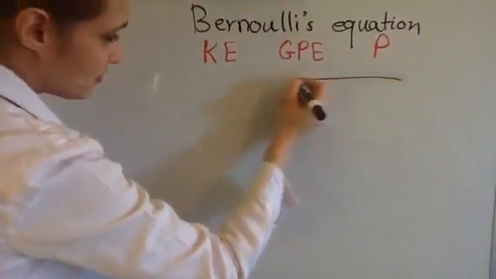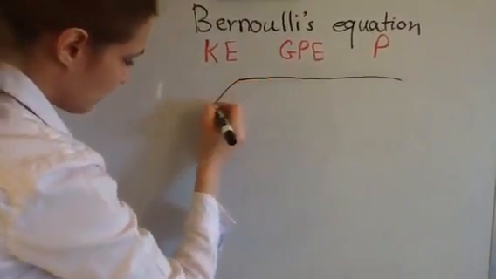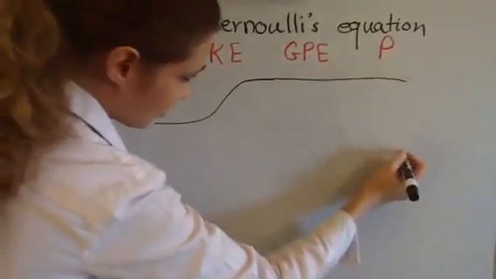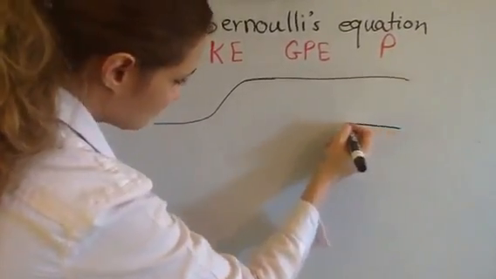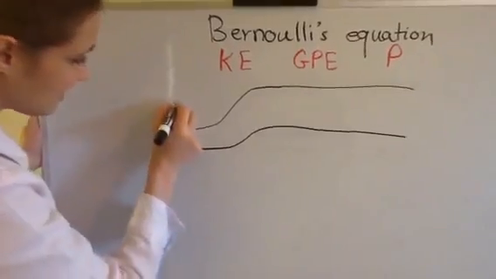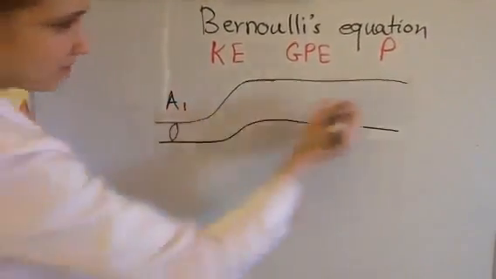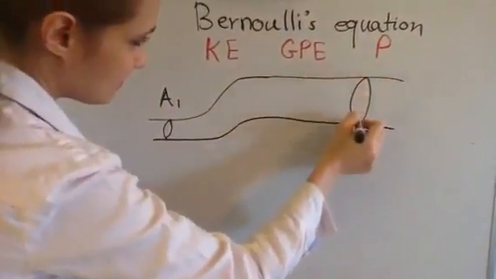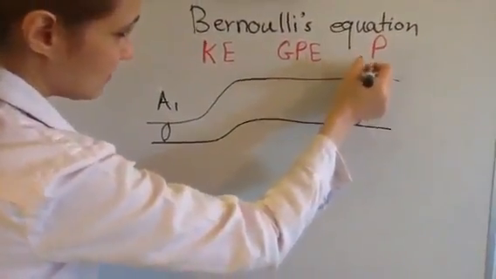Let's first draw a cross-sectional area of a tube which has two ends. One is narrow, A1. The other end is wide, A2.